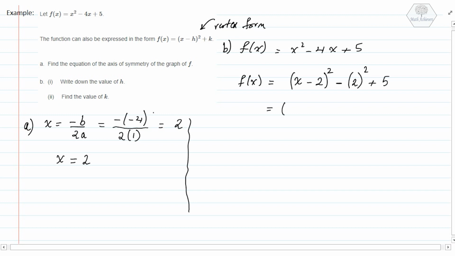So it becomes x minus 2 squared minus 4 plus 5, which is plus 1. So simply the value of h is equal to 2 and the value of k is equal to 1, which is the vertex is 2 with 1.